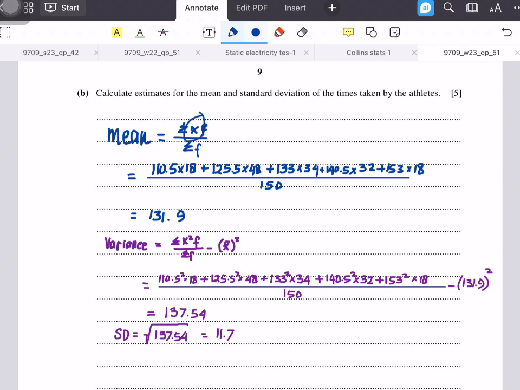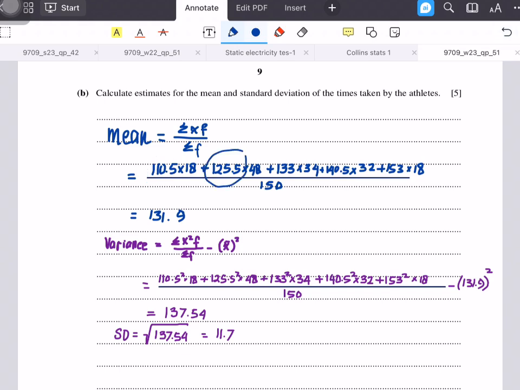X here is the midpoint of each class. The midpoint for the first class is 110.5. We can obtain this using maximum value plus minimum value divided by 2.